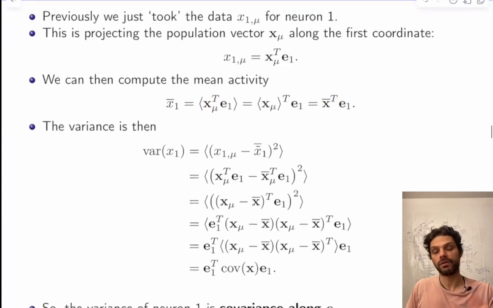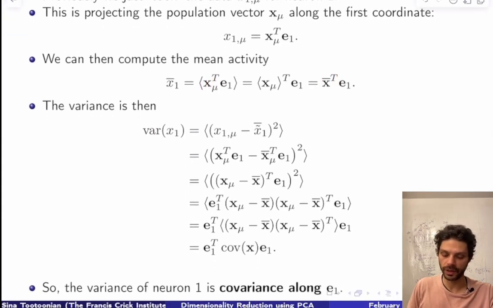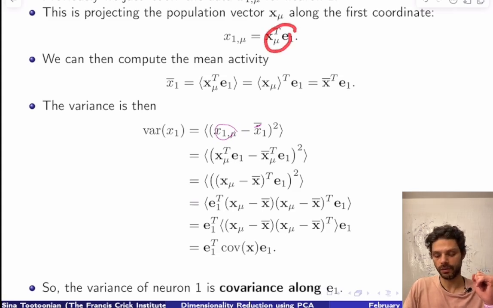And now let's compute the variance. So we just put in the formula, deviation squared. And now we're going to plug in, well, how do we compute this? We project the population activity onto the first dimension, and we subtract the mean, which is a projection of the population mean onto that dimension, right?